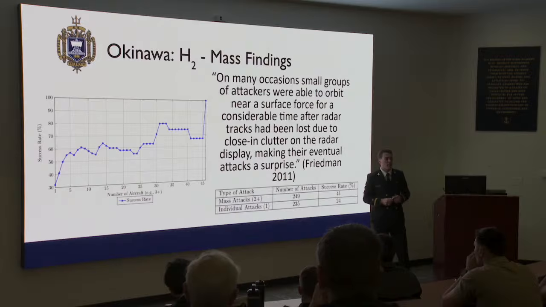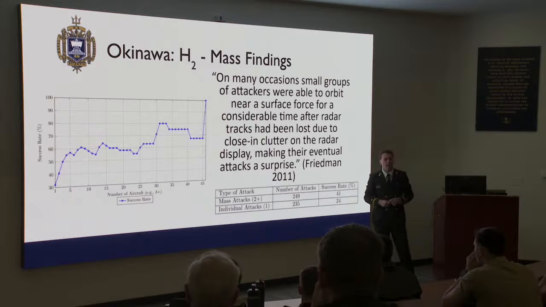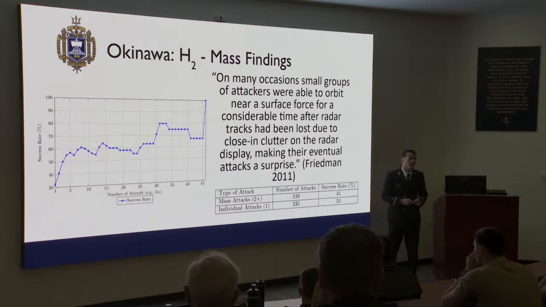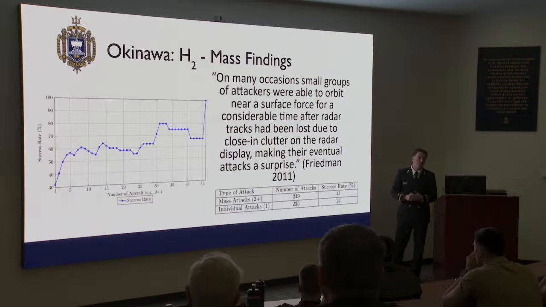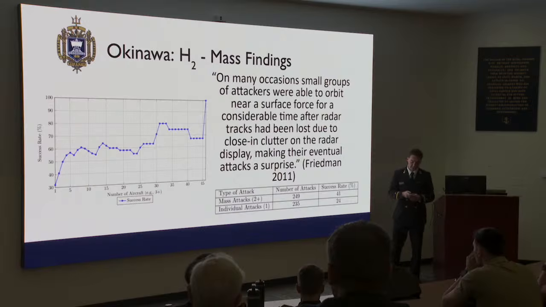After 29 aircraft, the success rates begin to increase again. So this shows that there may be a non-linear relationship between success rates and the number of assets used in an attack. And then lastly, similar to the skill hypothesis, there is a lot of qualitative evidence both in the ship logs and in other sources from historians and scholars which indicate how successful the mass attacks were.